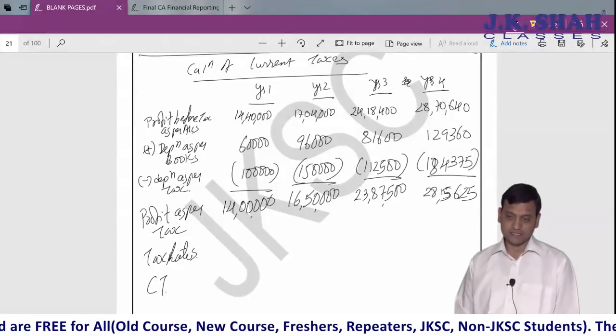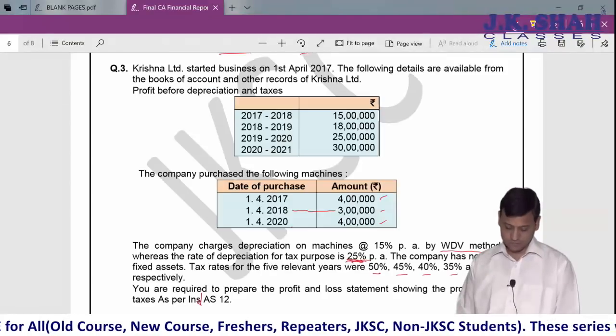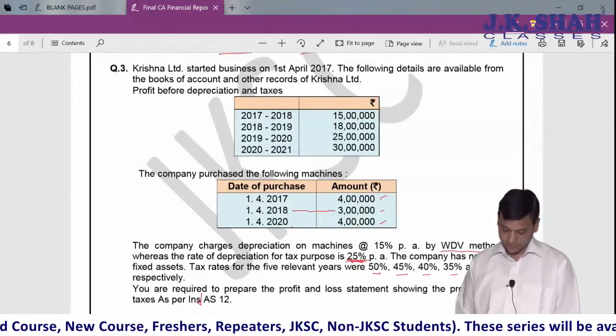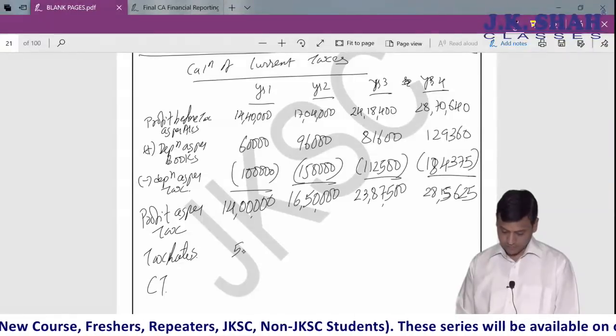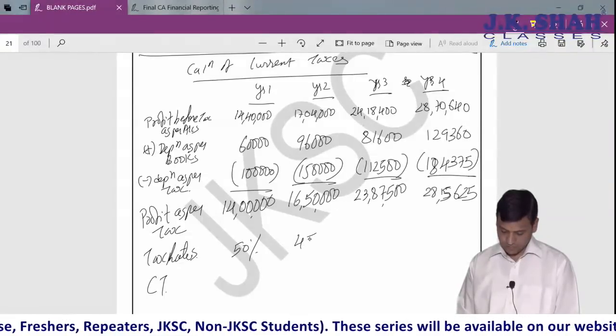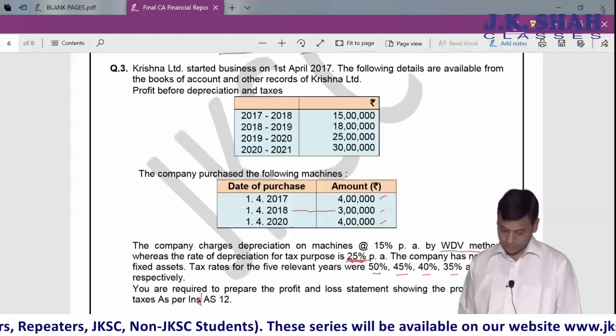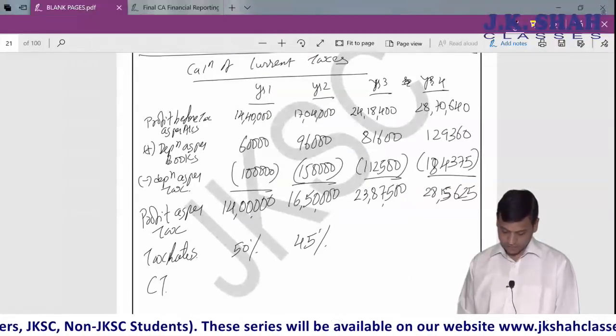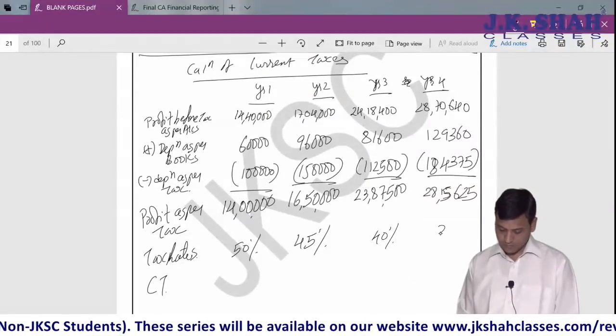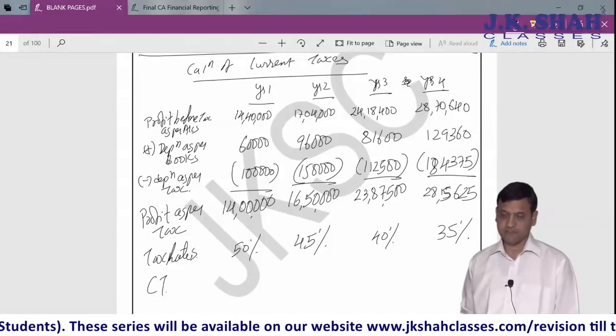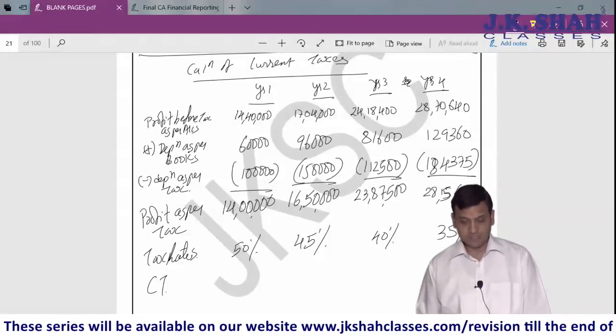Tax rate. What are the tax rates? 50, 45, 40, 35 and 35. And of course, they have also given it for the year 5, which is 35%.